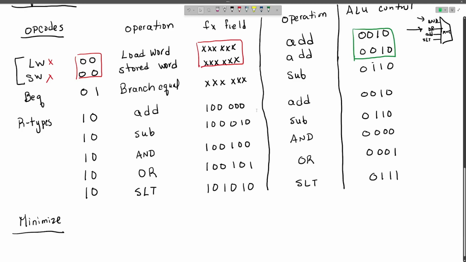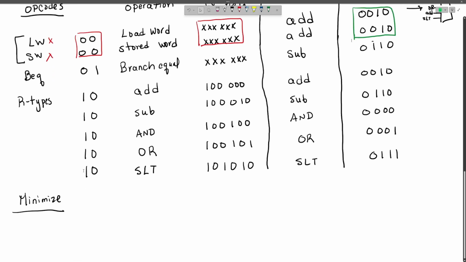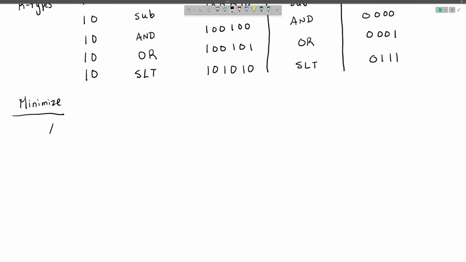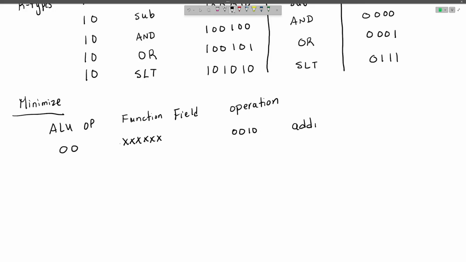We can say that for our ALU operation, if it's 0, 0, don't care about the function field, and you use this operation, 0, 0, 1, 0, because that's addition.